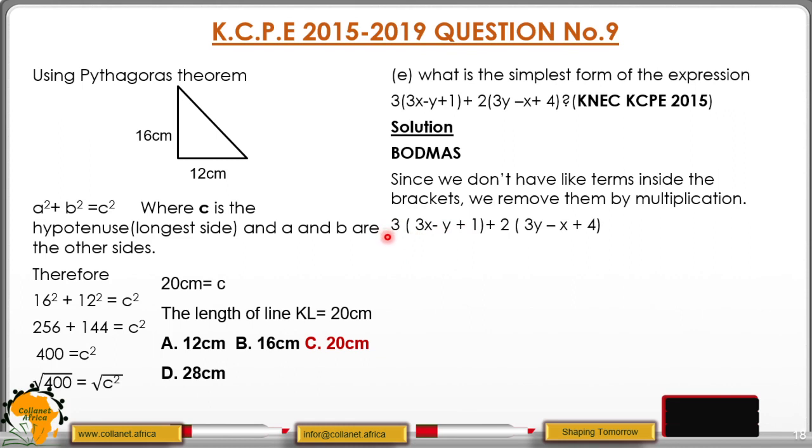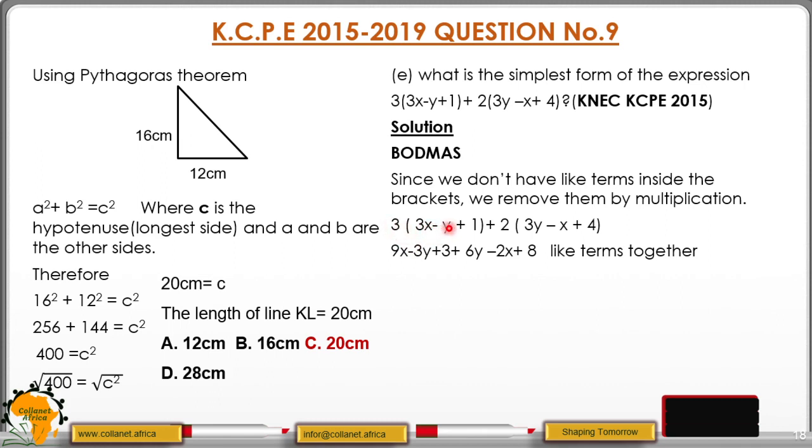But before we do that, it is good to remember that we said if a sign is not indicated, it means it has a positive sign, meaning this 3 carries a positive. So it is positive times a positive, you get positive 9x. Then positive times negative, you get negative. Be careful at this point. Then 3y.